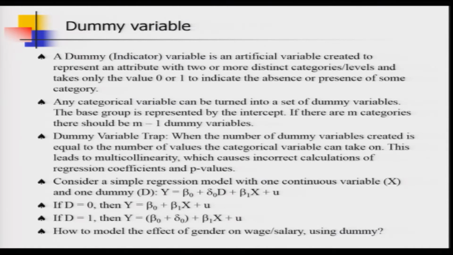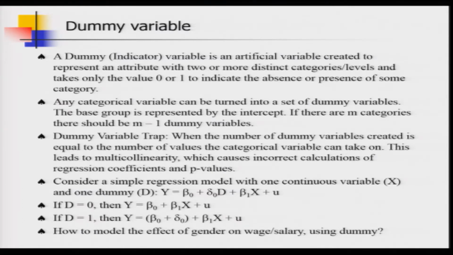Well, what is the dummy variable trap? In the third bullet I am giving you a formal definition for it. When the number of dummy variables created is equal to the number of values the categorical variable can take on, that is, the number of labels, then we are caught in a dummy variable trap.